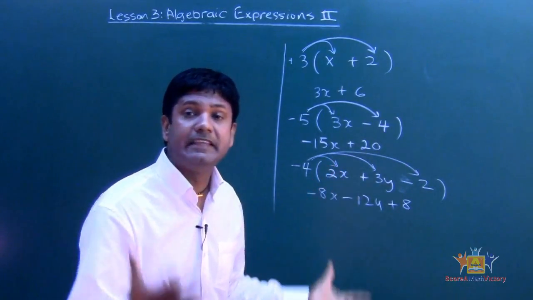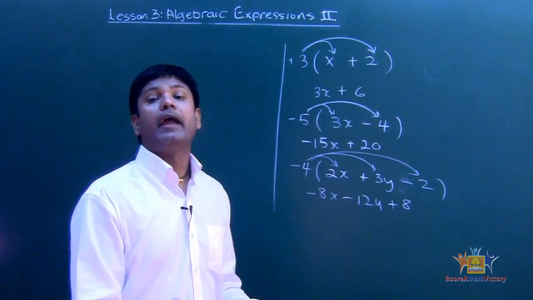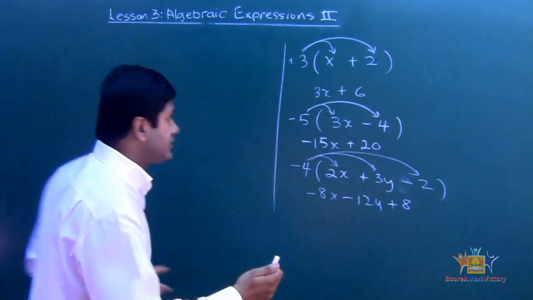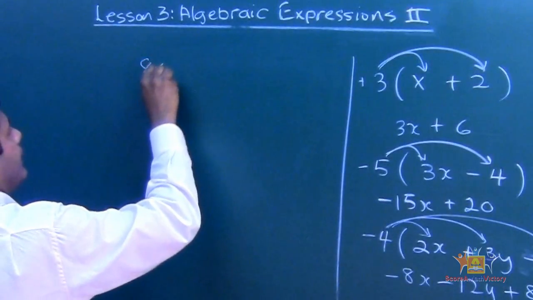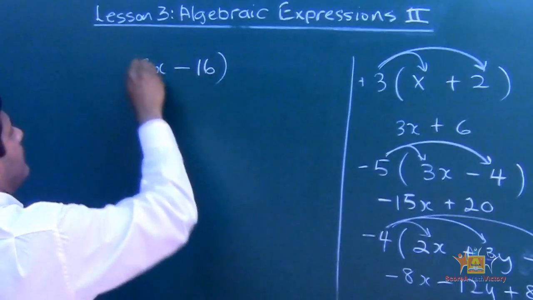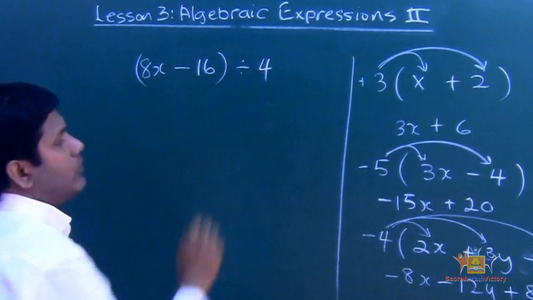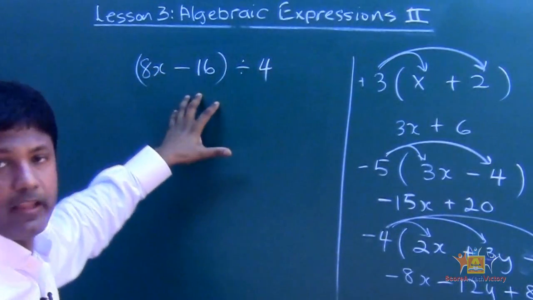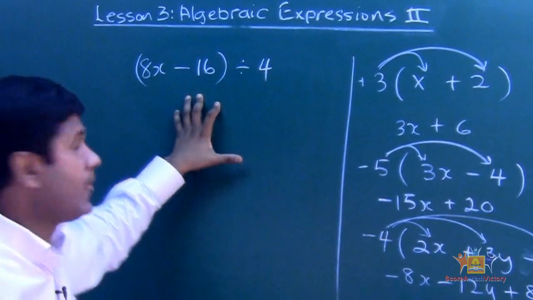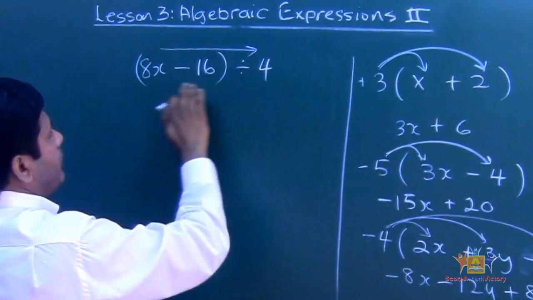Now, what about if it's division? If I'm dividing an algebraic expression. Let's say Mr. Mac gives you 8x - 16, and I'm dividing this whole thing by 4. Now let's convert that into the form of a fraction. How do we do that? We're going to use the right arrow method. We're going to read exactly what it says.